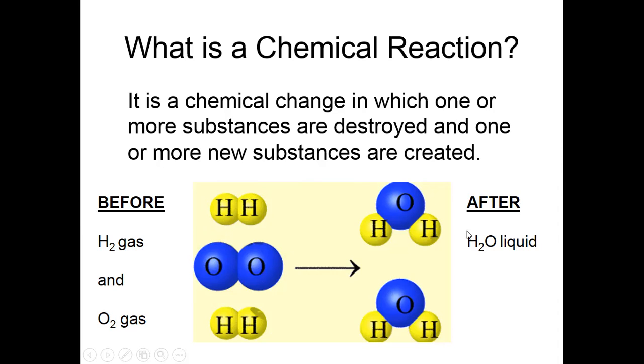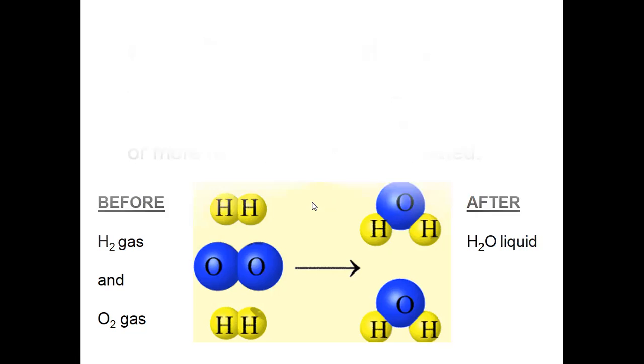After the reaction, there is formation of H2O, which is a liquid, water liquid. So, hydrogen gas and oxygen gas are transformed by chemical reaction into H2O, water, which is a new matter, and liquid. It is a chemical change in which one or more substances are destroyed and one or more new substances are created.